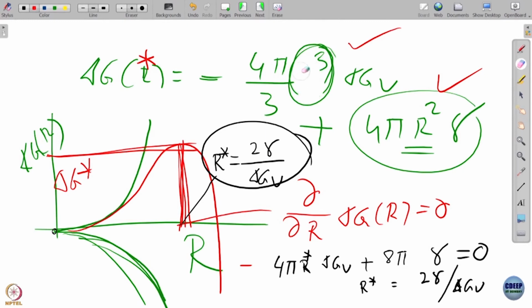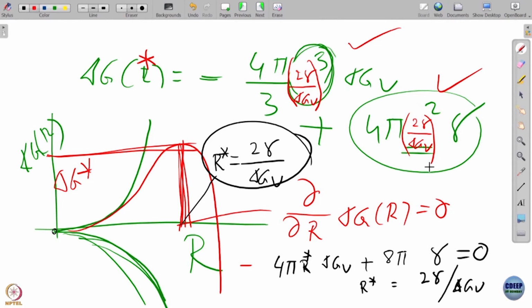So, 2 gamma cube, and now I'll put square.